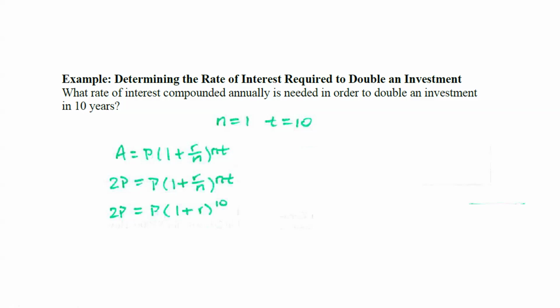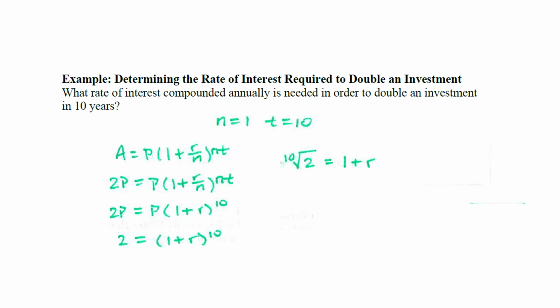Now we can divide both sides by P because they both have a P. So now we have 2 equals the quantity 1 plus r to the power 10. Then we can take the 10th root of both sides. So we have the 10th root of 2 equals 1 plus r, because the 10th root eliminates the exponent 10.